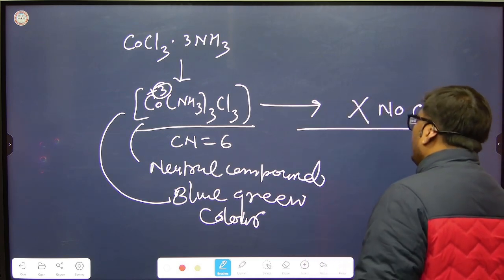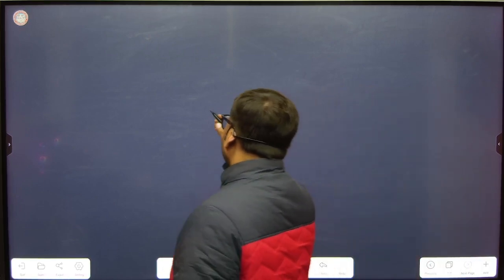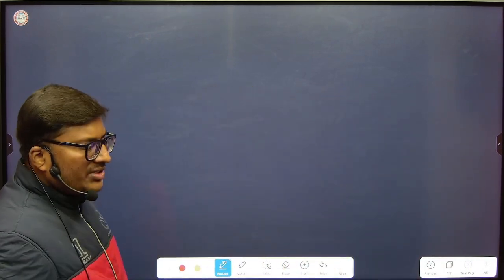And another aspect is that depression in freezing point was observed.